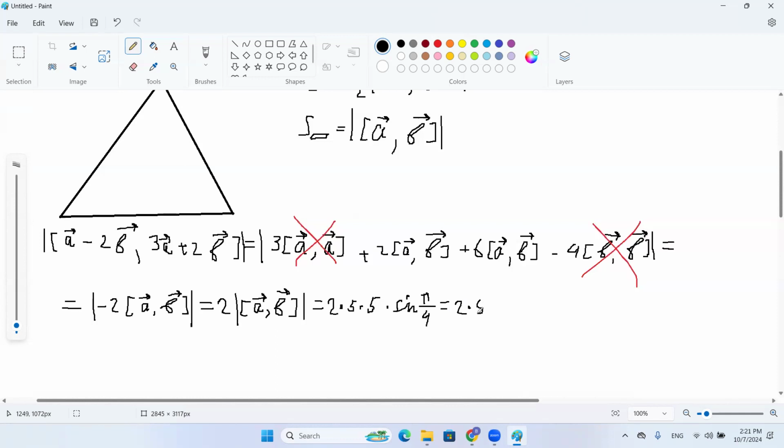So 2 by 5 by 5, and square root of 2 divided by 2. And it will be 25 square roots of 2. For the area of the triangle, we just have to not forget to multiply by 2, so 25 square roots of 2 multiplied by 2. Any questions about this task?